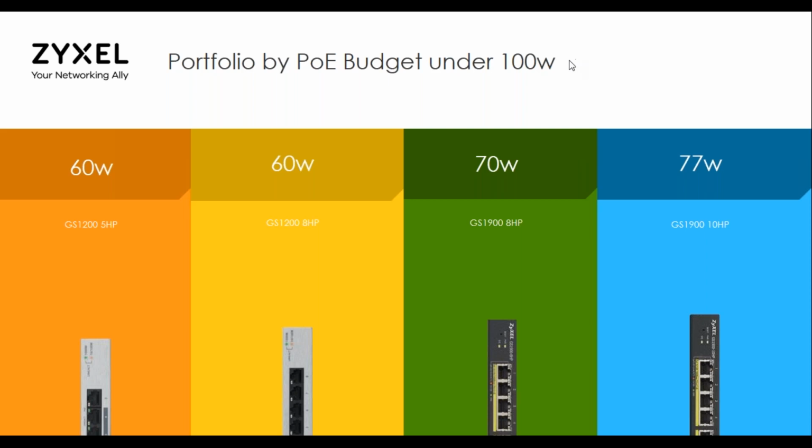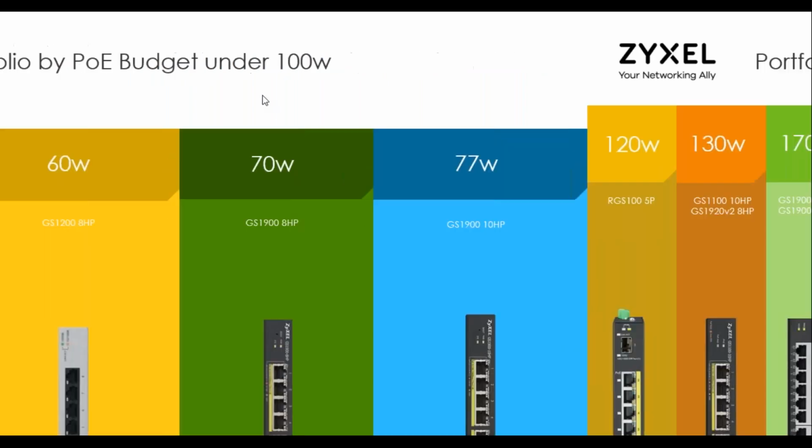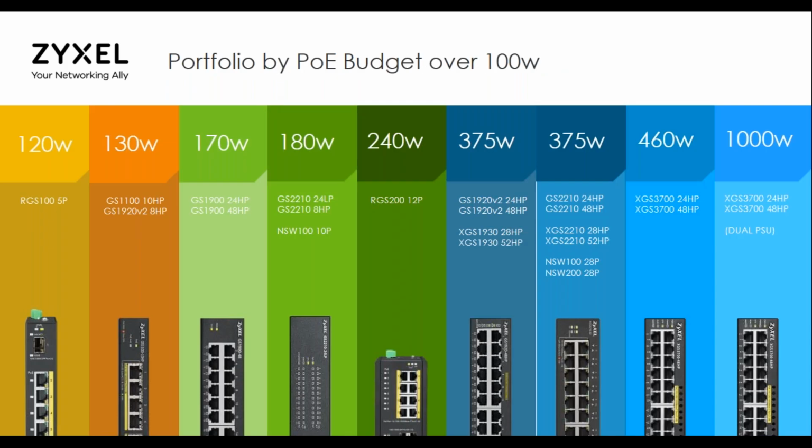And then, as already mentioned before, it goes to the 1900 series or the XGS series, 130 watts with the 8 ports, 170, and goes up to 1000 watts with a dual power supply on the XGS 3700.